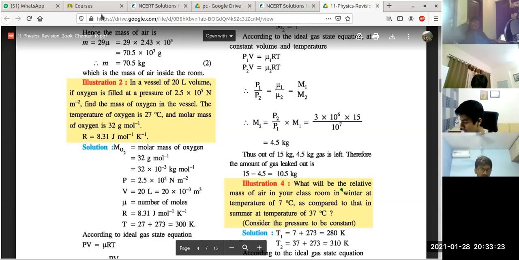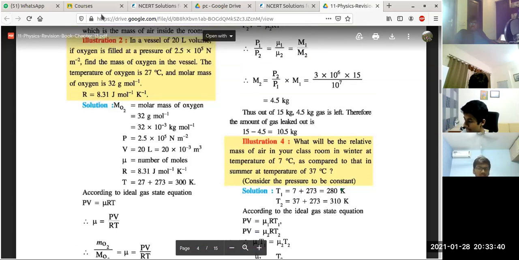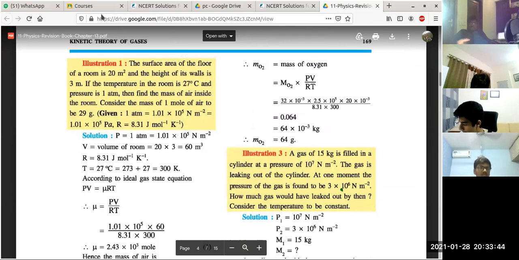Yes, I hope everyone understood this question. Sir, can you scroll down a little bit? Up or down? Down. So this is here, and then there is upward here. Mass of oxygen is this. Okay, should I move forward? Yeah.